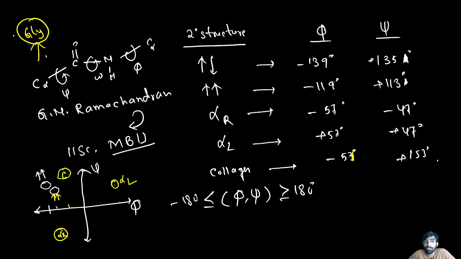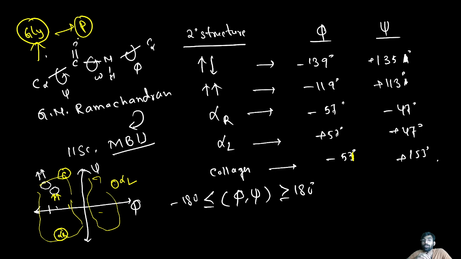So glycine is allowed across the Ramachandran plot, all regions are accessible, but most regions are not accessible for proline. So glycine and proline are inverse in the Ramachandran plot.